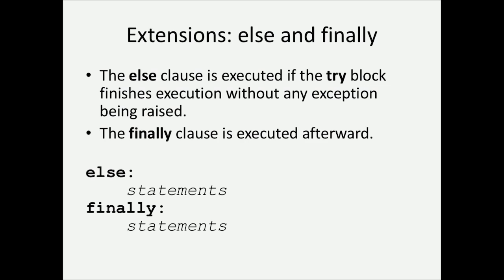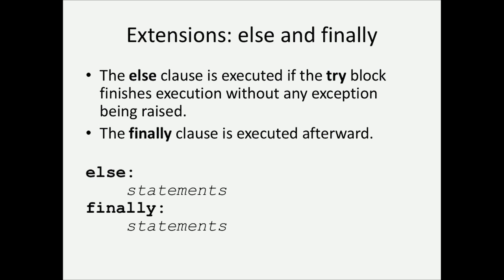Optionally, you can also have an else clause, which is different from the else clause in an if statement, and you can have a finally clause. If in the middle of exception handling, as we'll see in the example coming up, you have an else clause, so it's else colon, more statements, that actually gets executed if no exception was raised.